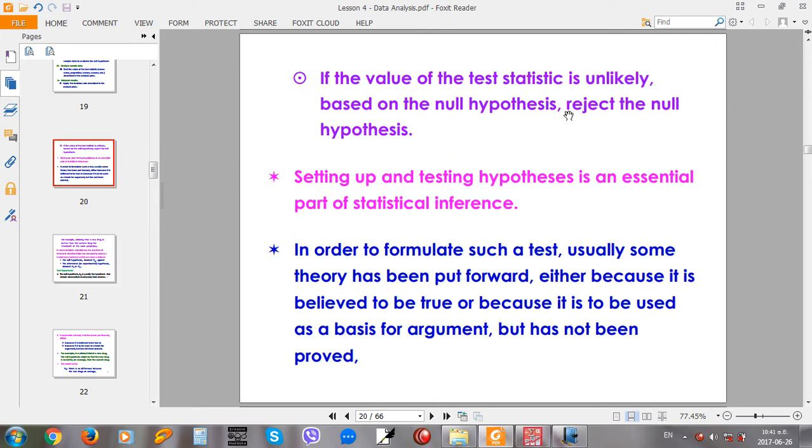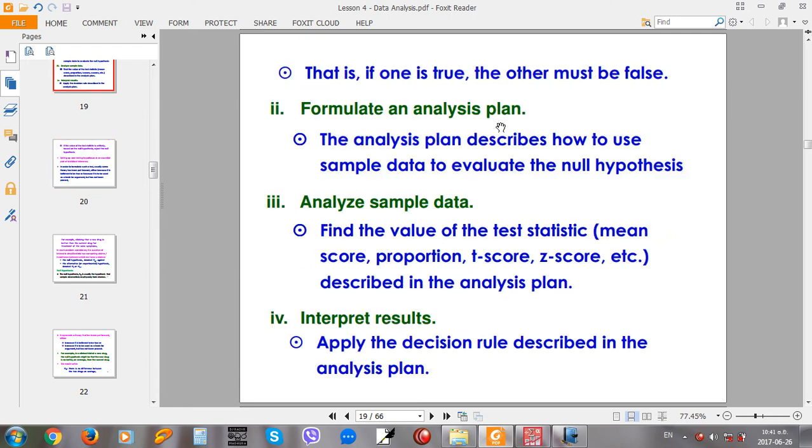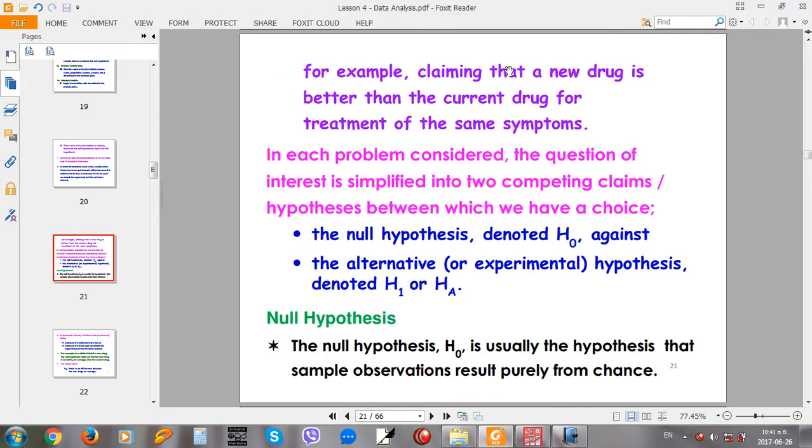We need to test the claim that the new drug is better than the current drug, but we state the null hypothesis this way: the new drug is not better than the current drug. That is the null hypothesis. Null means we are taking the negative part.